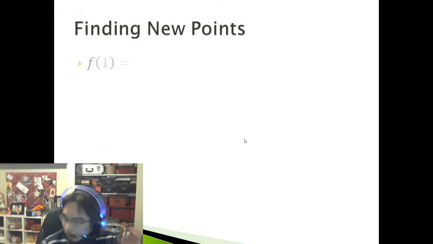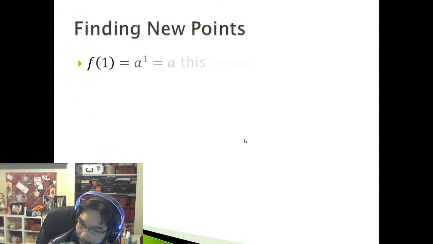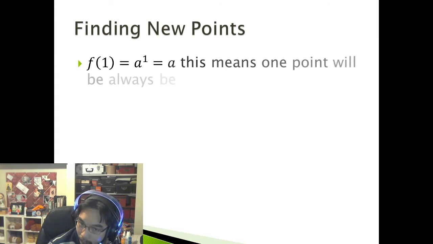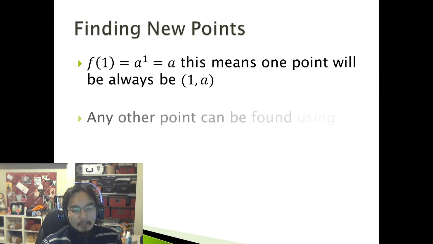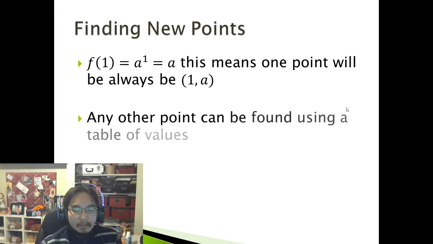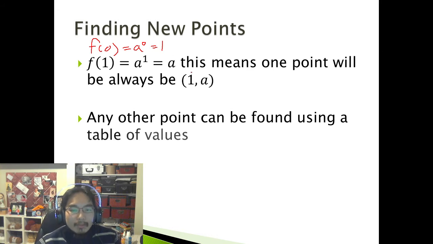Now when you want to find new points in an exponential function, you always know at least two points. The first point is the y-intercept. You always know what f of 0 is. That's always equal to 1.